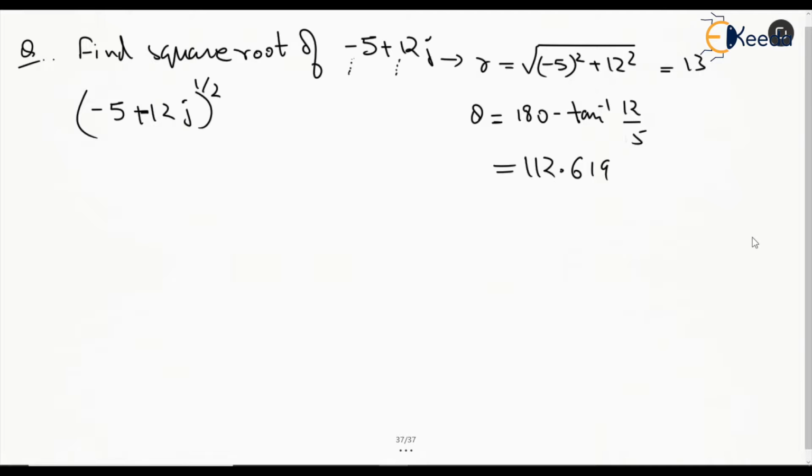Now, we are writing this complex variable in the form of polar coordinates, r e to the power of i theta, and we have to find the square root. As per De Moivre's theorem, we know this can be given as r to the power of 1 by 2 and e to the power of i theta by 2.